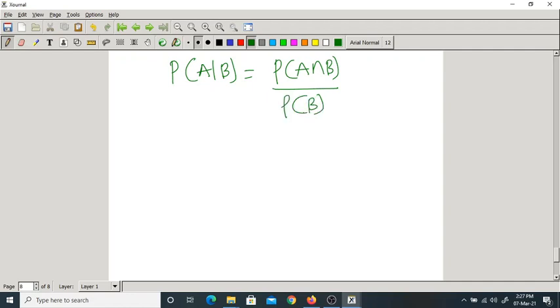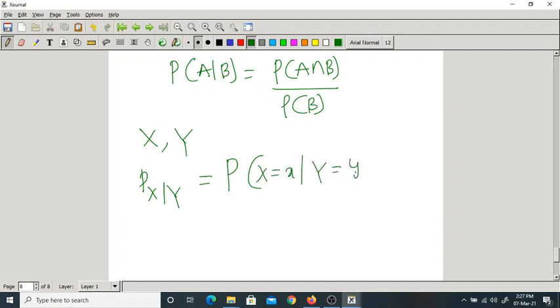That we know. Okay. Now when it comes to two random variables x comma y, let us define conditional PMF. P of x given y, which means probability of x equal to small x given y equal to small y. Instead of A and B, we have x equal to x, y equal to y.